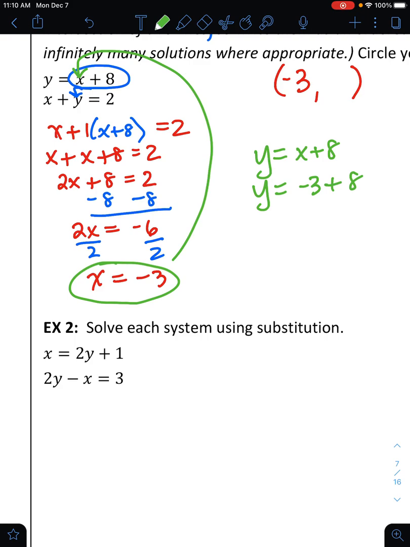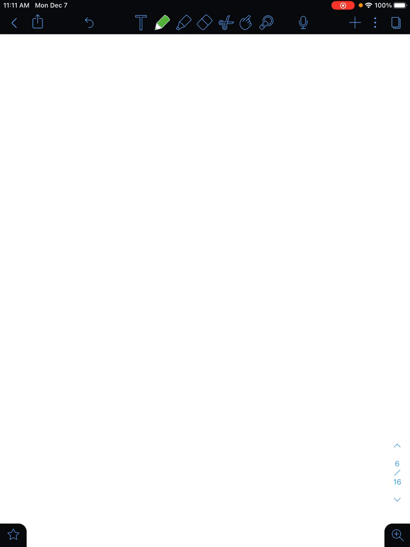So negative 3 plus 8 equals 5. So I know my answer is negative 3 comma 5. So this is called substitution because the substitution occurred at the very top the first time. So I plugged one expression in place of a variable below. Then I got the answer for one of my variables, and then I plugged it back in to get the other.